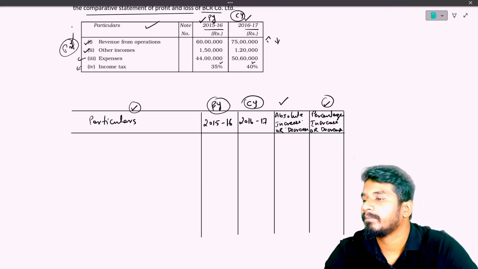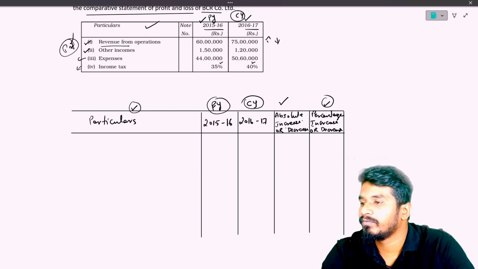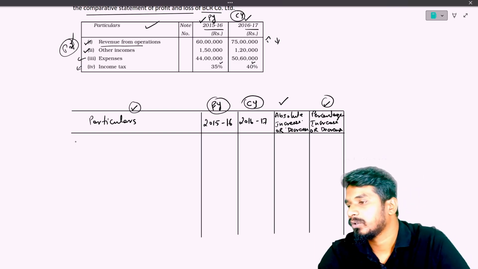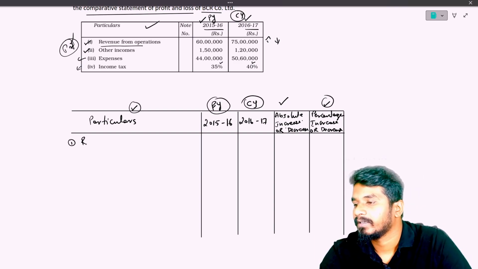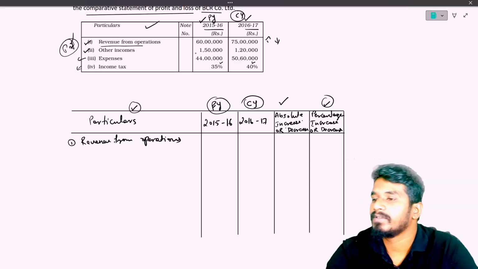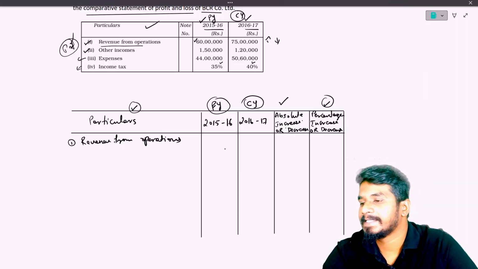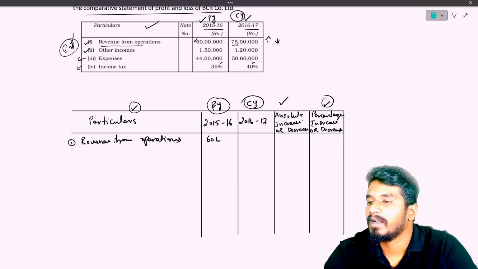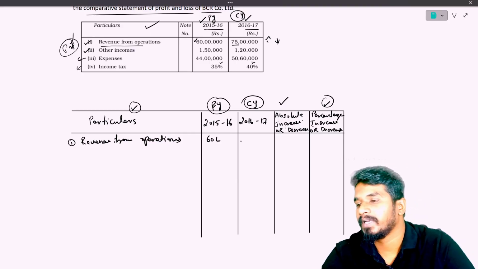The first item given in the question is revenue from operation. What is the amount given in the previous year? It is 60 lakhs. And in the current year, they have given 75 lakhs.